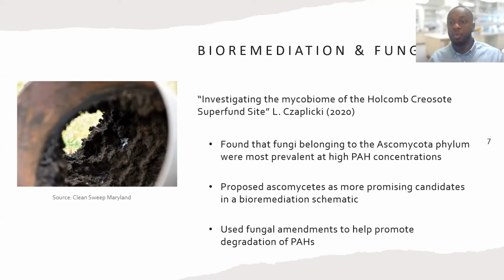However, the fungi found by our lab at this site in North Carolina were from the Ascomycetes. They were in the soil as opposed to Basidiomycetes being on wood. So they were seen as more promising candidates in the bioremediation scheme. And this gave way to my project, in which we were looking more so for organisms in the soil to help promote the degradation of PAHs.